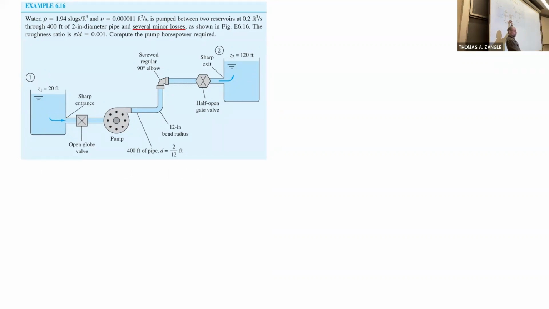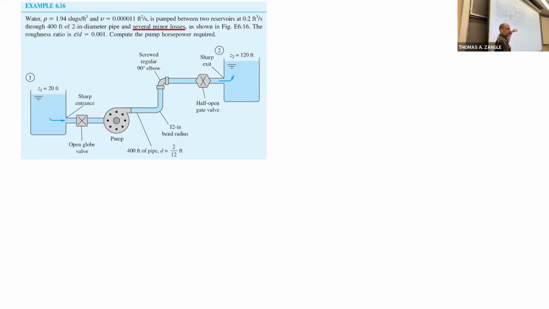Another complication in this problem that I want to make sure that you're aware of, that you'll see in the homework, or that you've seen in the homework if you've started looking at this already, is that we're going to be coupling a pipe problem to basically an energy balance.